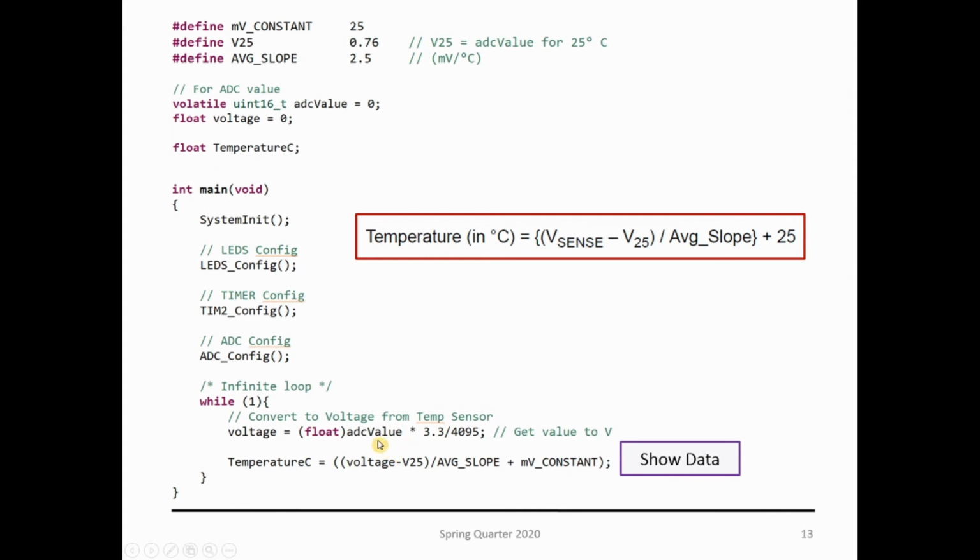It's exactly the same thing that you did before. You convert your ADC value to voltage, but now I apply the temperature equation that we saw earlier, and I have the constants defined as macros. They just feed the temperature with your voltage over here in volts. So this is volts, this is volts, this is millivolts, and also the millivolts constant.